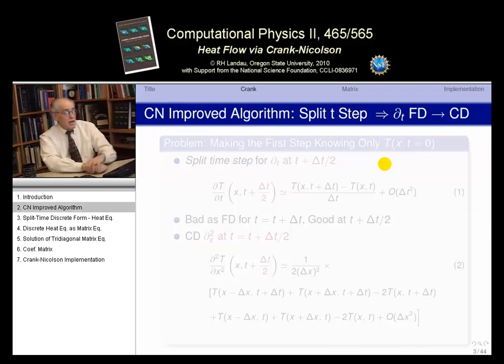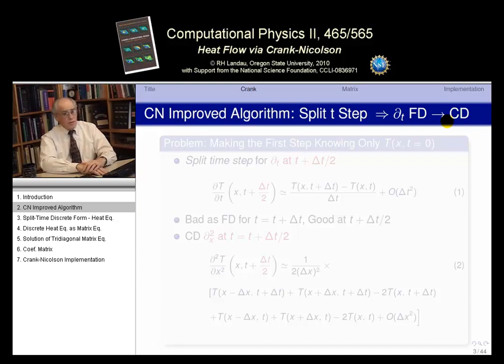Okay. So the problem we had with the ordinary leapfrog method, as you recall, is that the time derivative, d with respect to t, partial derivative, we had to use a forward difference method, and that's not very accurate. If we could change that to a central difference, where it used plus and minus deltas, then we'd have a more accurate time difference as well as a space difference.